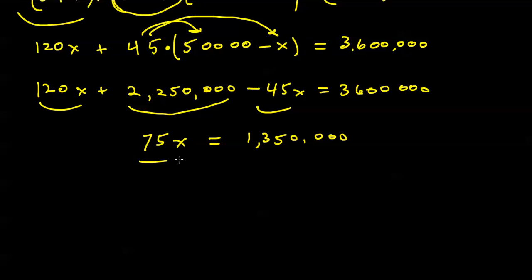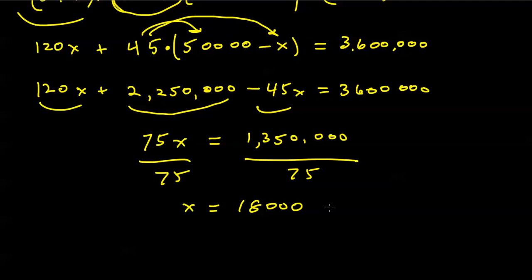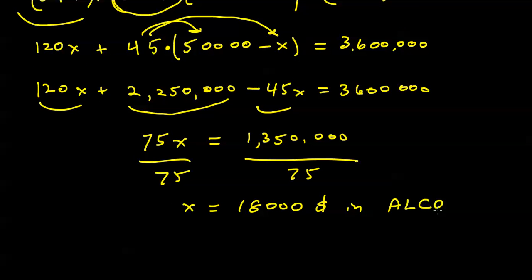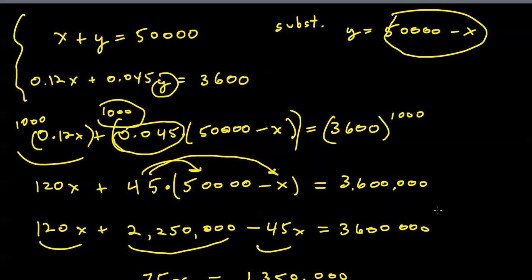If I divide both sides now by 75, using my calculator, of course, I get a solution for x of $18,000. You recall x was the amount in the ALCO account. Now I'm going to use that x value to solve for y, and of course I'll want to use this top equation to solve for y.